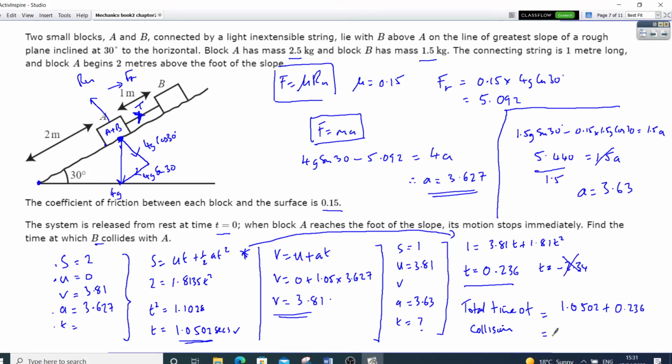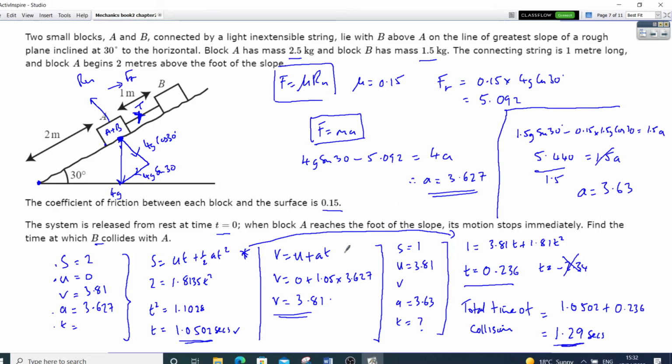If we add those together, 1.0502 plus 0.236, that gives 1.29 seconds for B to collide with A.